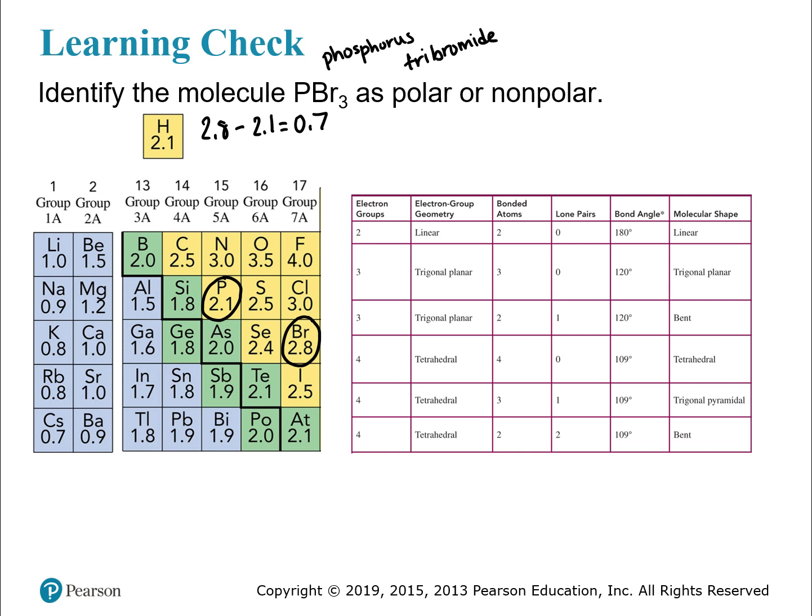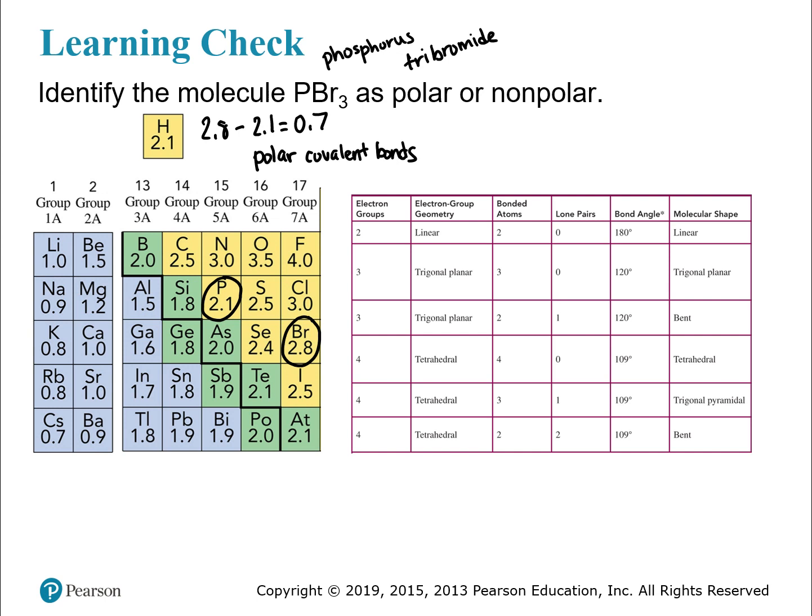I don't have it listed here, but in the Chapter 6 lecture, the difference in electronegativity between two atoms has different ranges for the different bond types. 0.7 falls under polar covalent. So that's the bond type that we have.